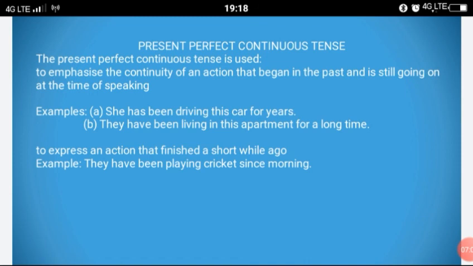They have been living in this apartment for a long time. It is also used to express an action that finished a short while ago. For example, they have been playing cricket since morning. Be careful with the use of since and for.